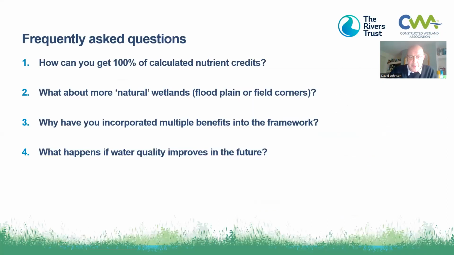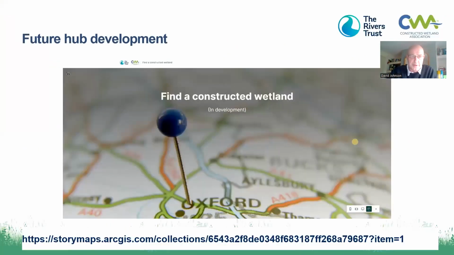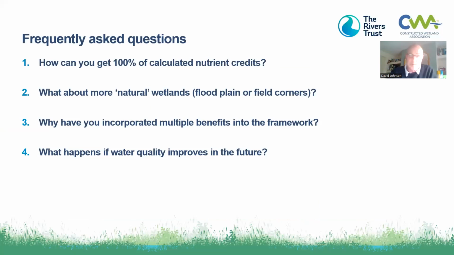And then my final slide really was just on some questions that we've been asked as we've been developing the hub. The first one, which we quite often get asked, is how can you possibly allow 100% of the nutrient credits to be credited to any particular design, particularly because it's for the Habitats Directive, which is precautionary.